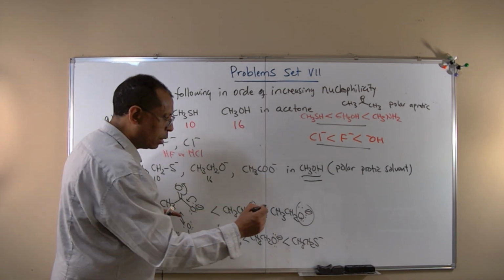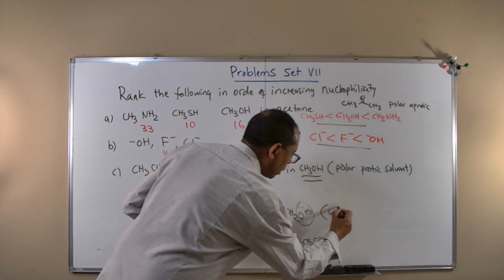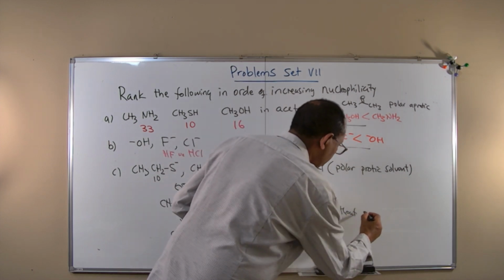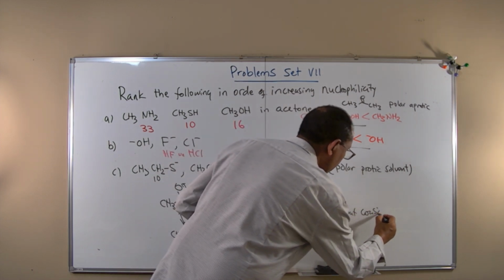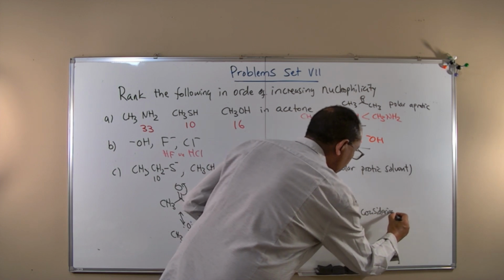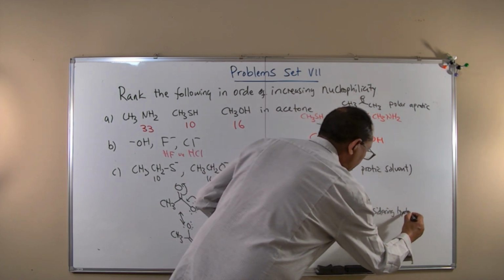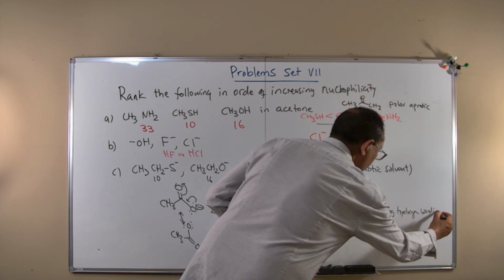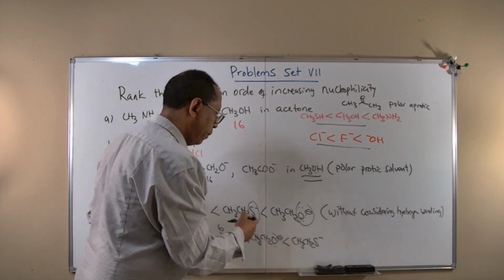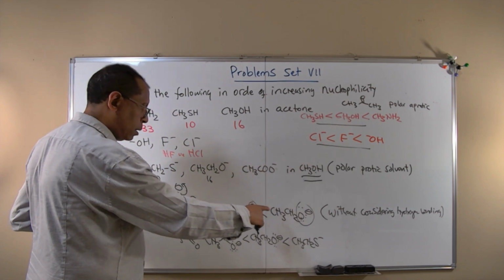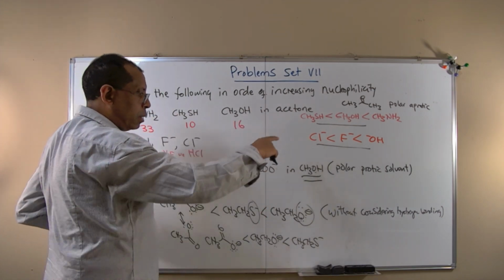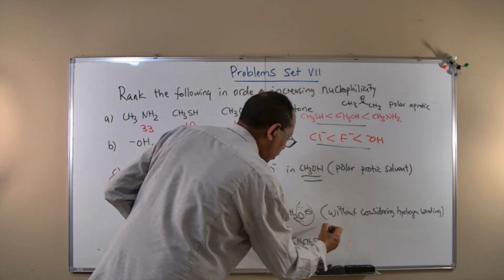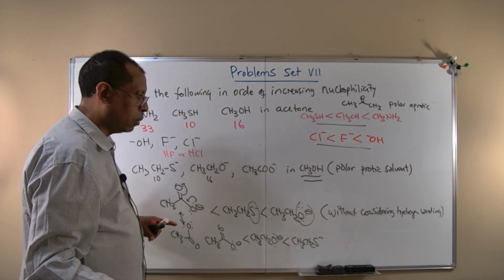This is without considering hydrogen bonding. Say, if you are using this series, it will be correct if you are using it in, for example, acetone or some other solvent.